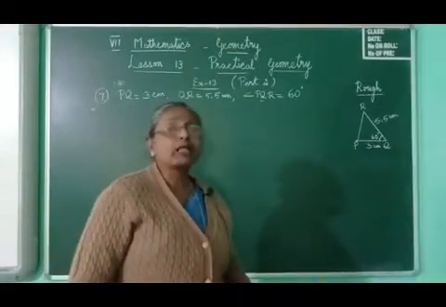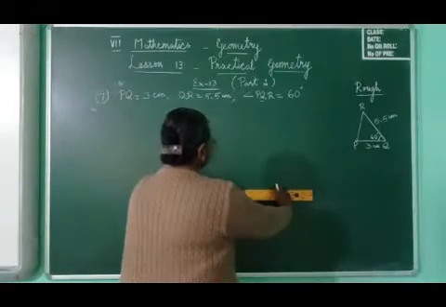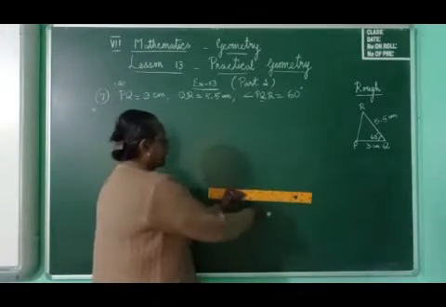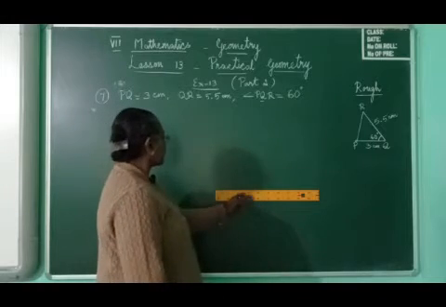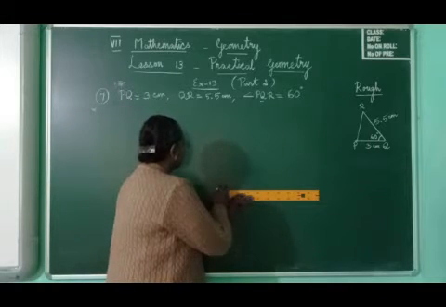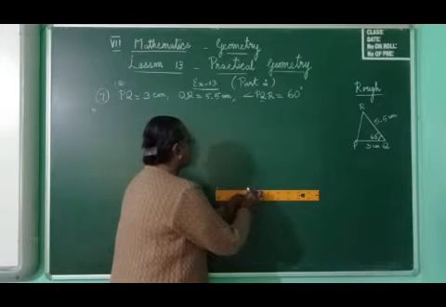To start with, first we will draw line segment PQ of length 3 centimeters. As we did earlier, we will take a point at 0 and take a point at 3.